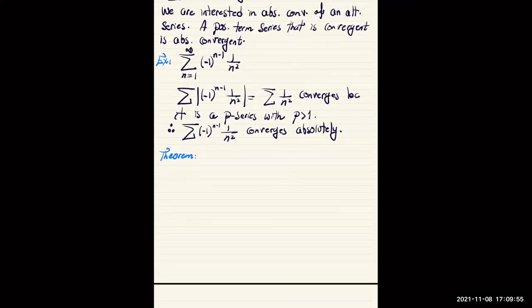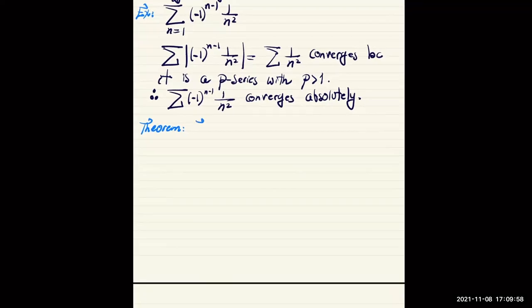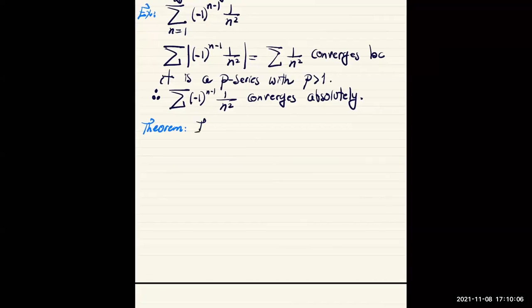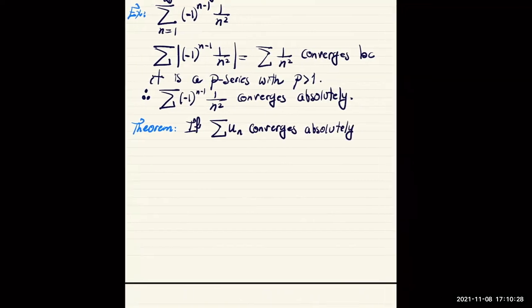We say if an alternating series, I call that u sub n, converges absolutely, then the series is convergent.